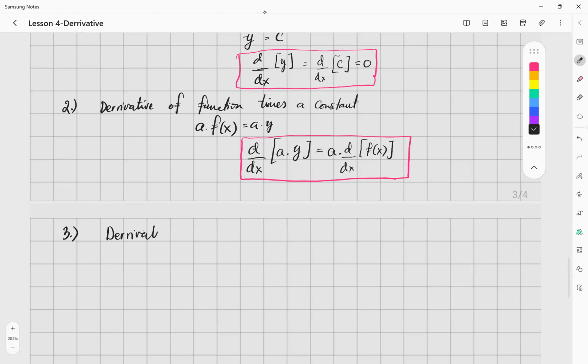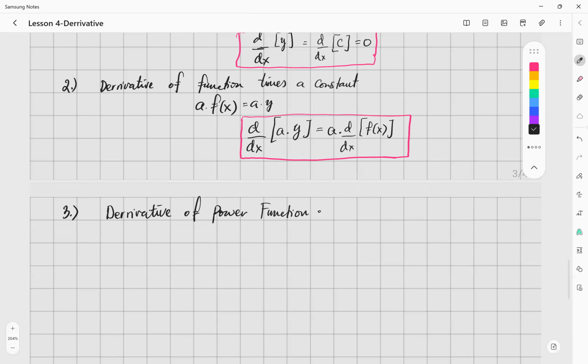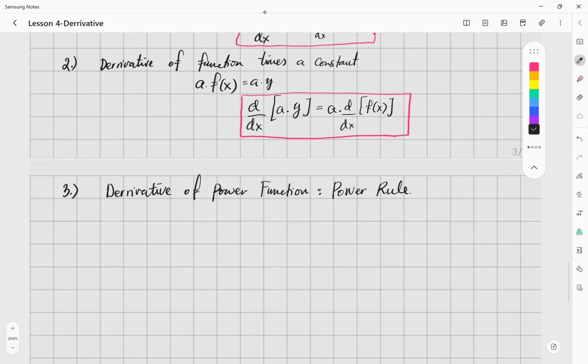Now the third one is the derivative of a power function, which is called the power rule. If n is a positive integer, then the derivative of x to the power n means we bring that n down, and x to the n minus 1.